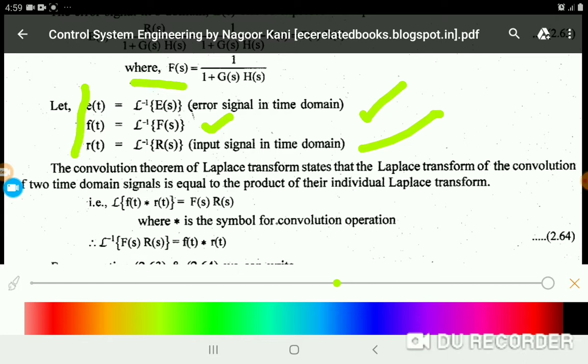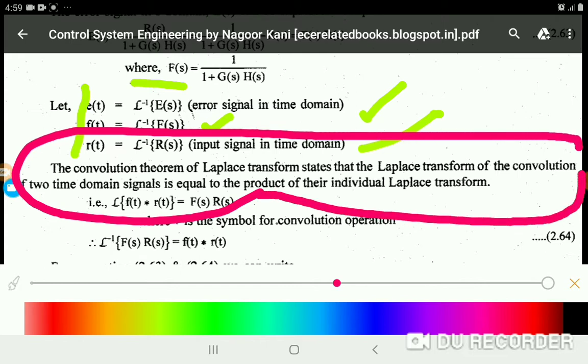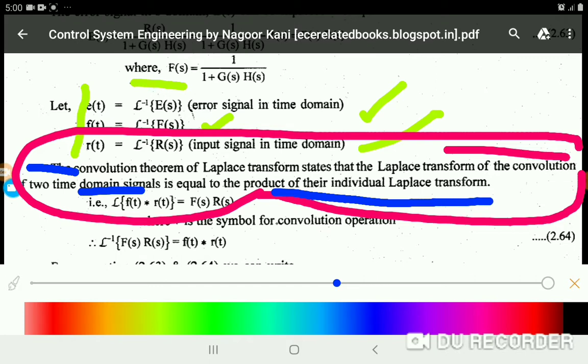Now we recollect the convolution theorem of Laplace transform. Before applying it, I will recollect the points in the convolution theorem for you. According to the statement of the convolution theorem of Laplace transform, the Laplace transform of the convolution of two time domain signals is equal to the product of their individual Laplace transforms.